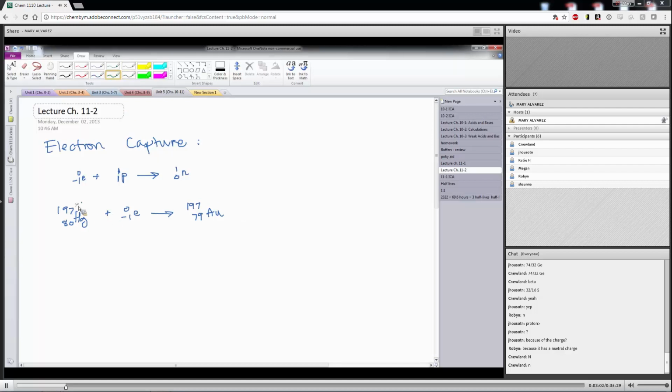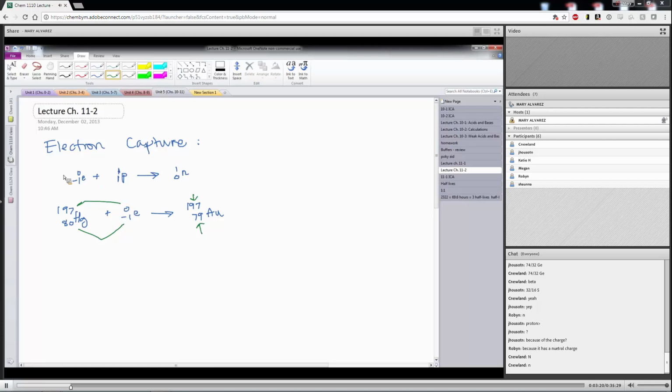So notice on the left-hand side, total mass is 197. Total mass is 197 on the right-hand side. On the left-hand side, my total positive charges are 79, and on the right-hand side, total positive charges are 79. Everything is still conserved like it always is.